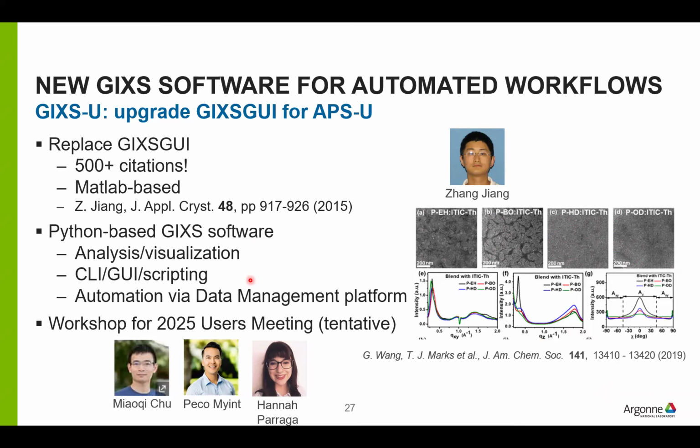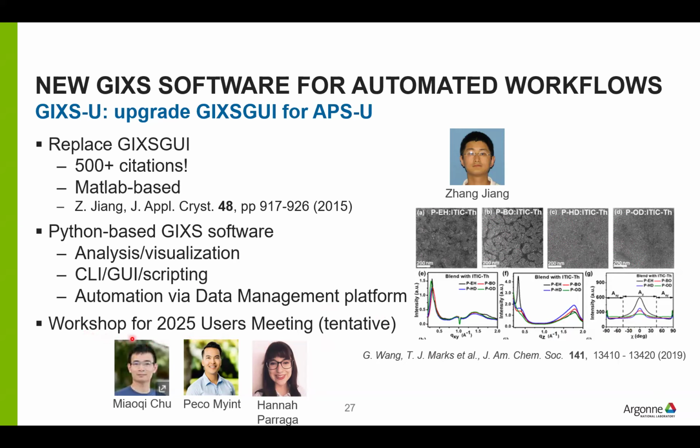And with this team, we're working on moving forward to provide tools for users that can also be automated and incorporated into the data management platform here at the APS. And we hope we can generate, for instance, line cuts and pole figures on the fly. That'll benefit users at the Beamline while they're still collecting data.